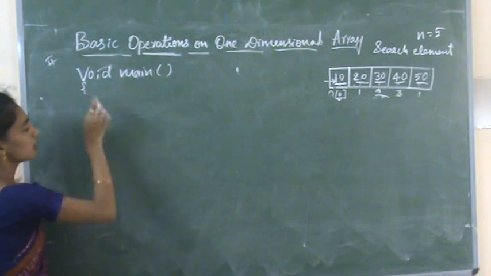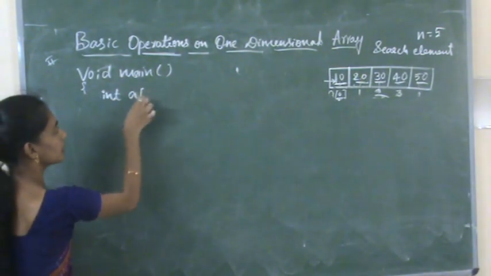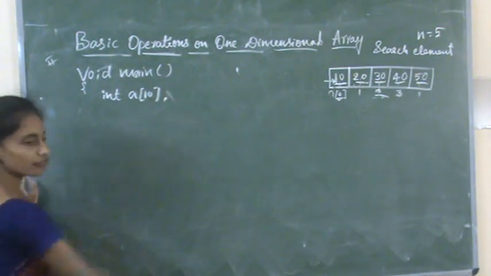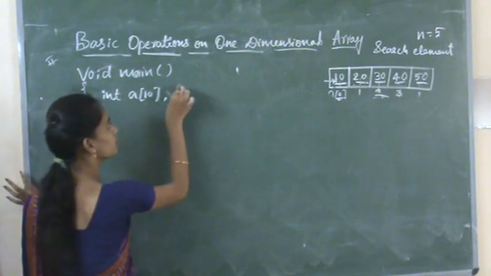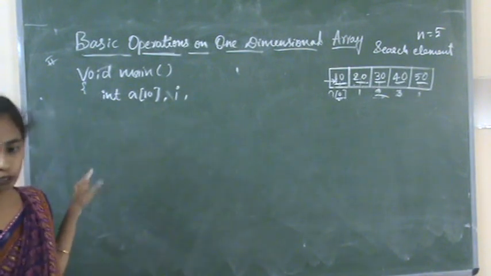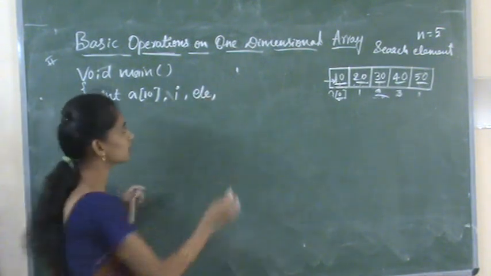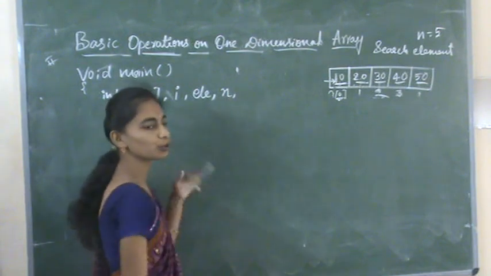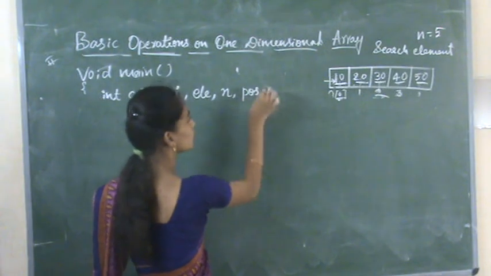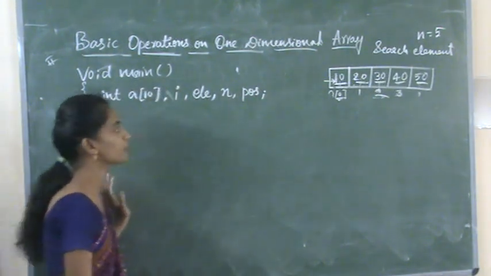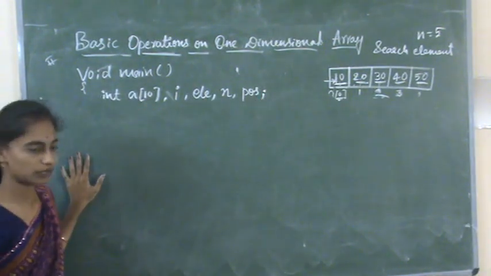In void main we are using the variables. One is the array variable, A of 10, and you can take any size. Then we are using the variable I for the for loop, ENE for the search element, N to provide the final condition, and then position or location, whatever you choose. Those are the variables we are using in this program.